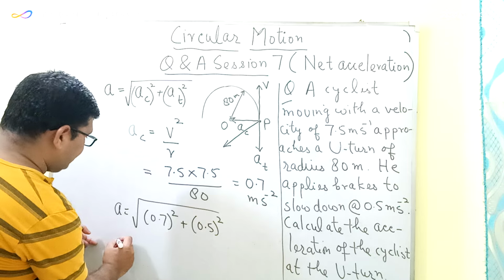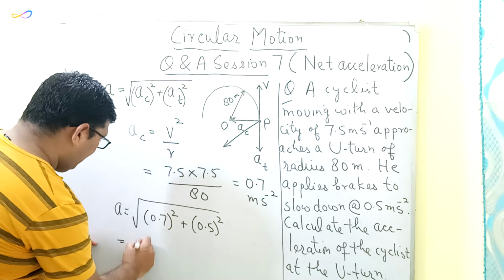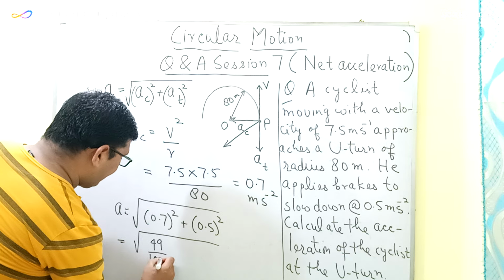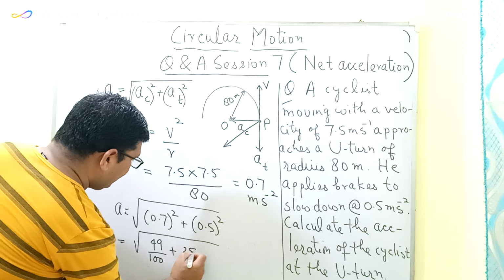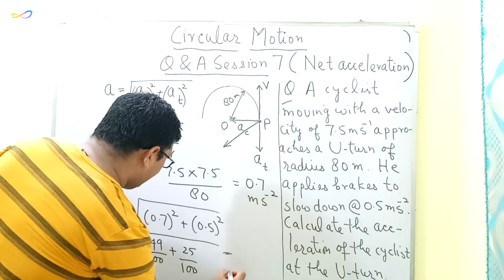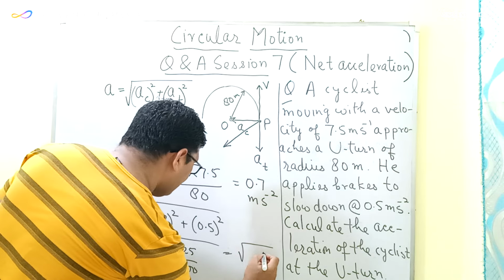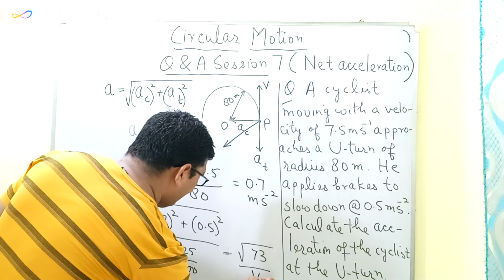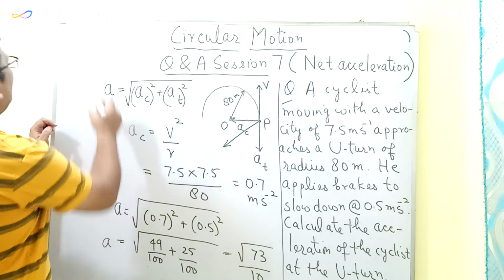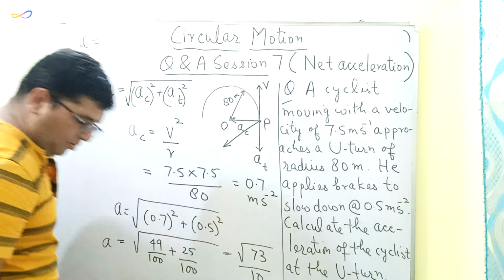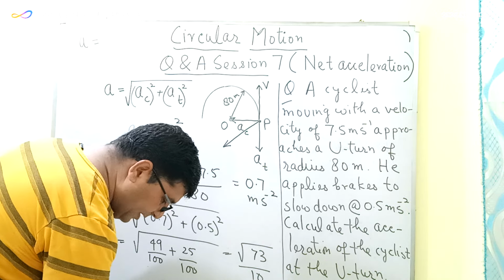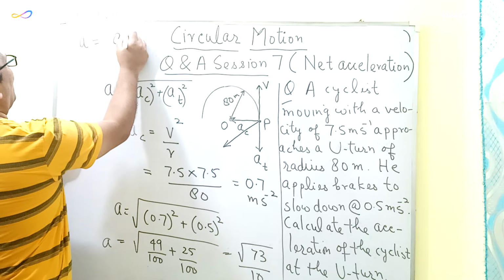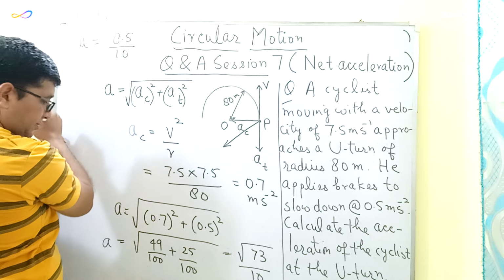Now this is equal to the square root of 49 divided by 100 plus 25 divided by 100. So this can be written as square root of 73 divided by 10. So the net acceleration, or the resultant acceleration, will be equal to square root of 73, which is approximately 8.5, divided by 10.